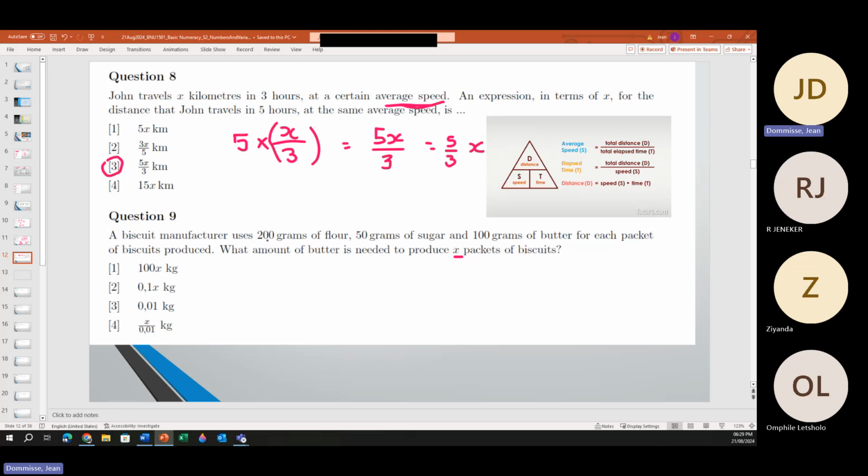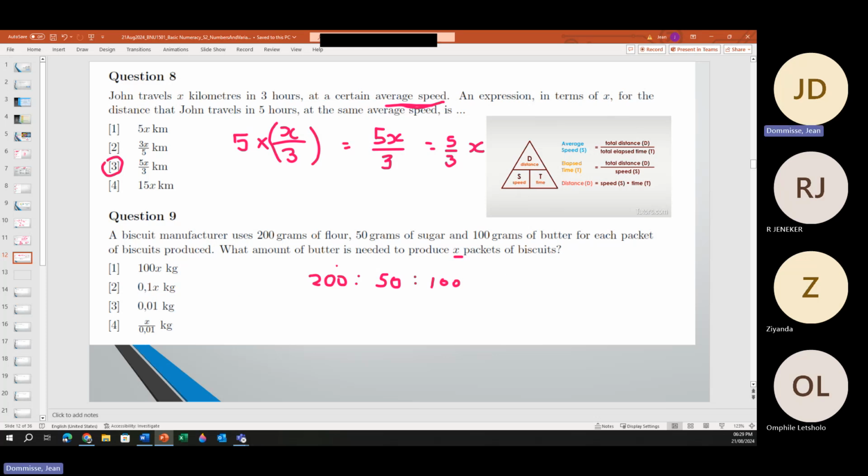Okay, let's quickly look at the ratio. 200 grams of flour, 50 grams of sugar, and 100 grams of butter for each packet of biscuits. Okay, this is a weird question. What amount of butter is needed to produce x packets of biscuits?